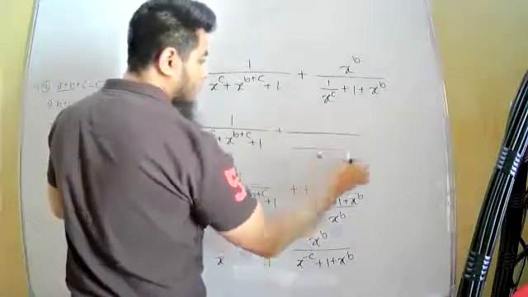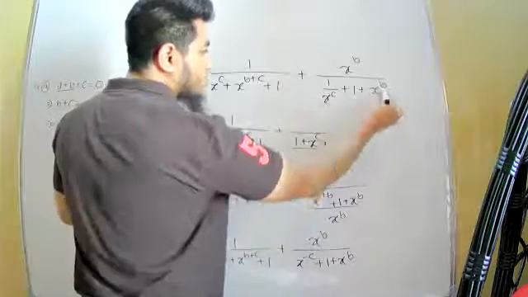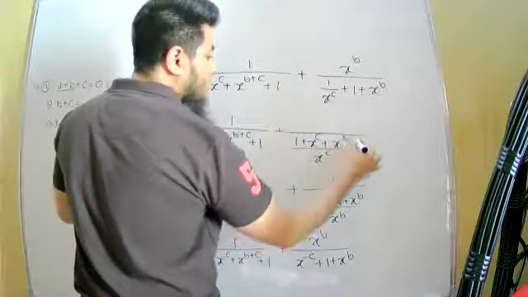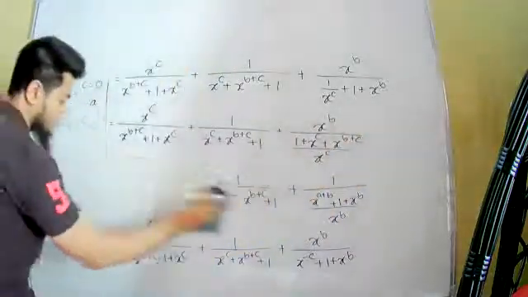We have to do the same. That will give us 1 plus x to the power c into x to the power b. Again, it will give us x to the power b plus c, because whenever it is multiplied, the powers are added.